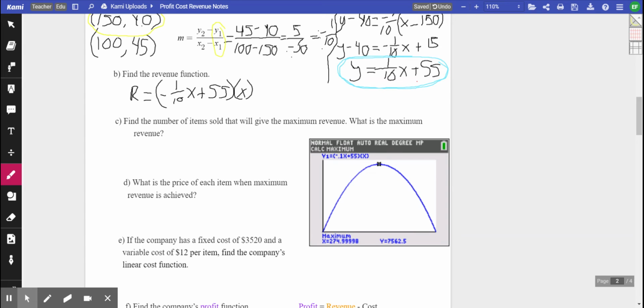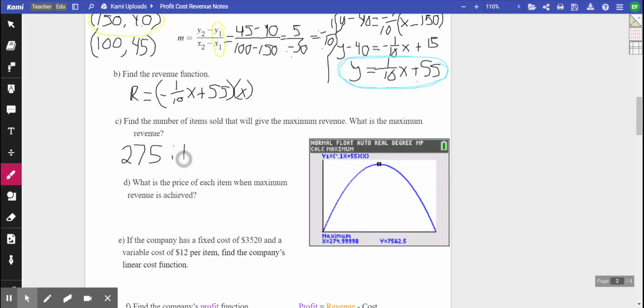Again, in the interest of time, I had plugged this all into the calculator already and calculated our maximum. All we have to do is translate from here. So find the number of items sold that will give us our max revenue, and what is that max revenue? Similar to last example, I'm going to have to round this to 275 items.